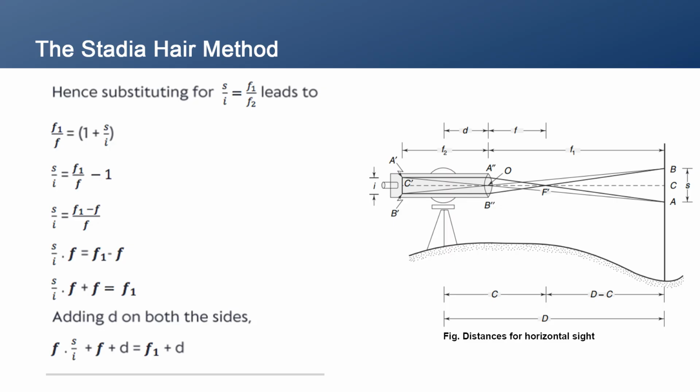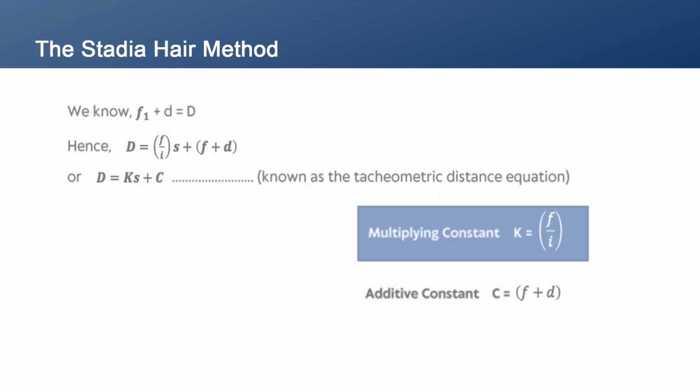Again, taking f to the left, we get S by i into f plus f is equal to f1. Now, adding d on both the sides, we get f into S by i plus f plus d is equal to f1 plus d. We know f1 plus small d is equal to capital D. Hence, rearranging the equation, we get capital D is equal to f by i into S plus (f plus d), or capital D is equal to KS plus C. This equation is known as the tacheometric distance equation.